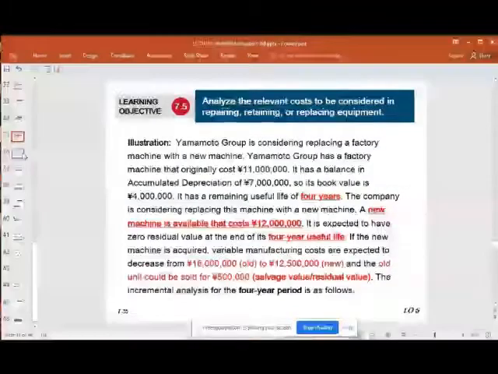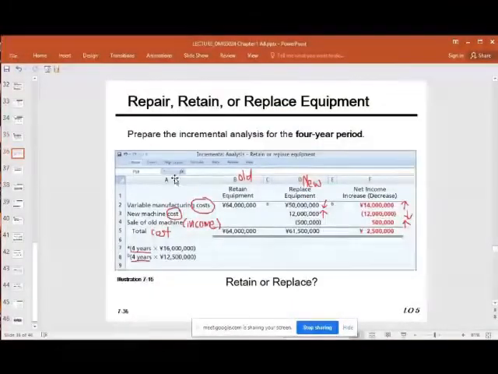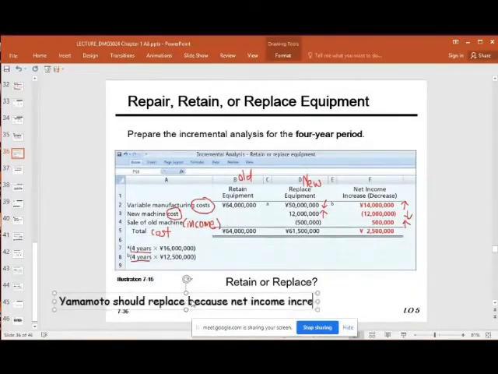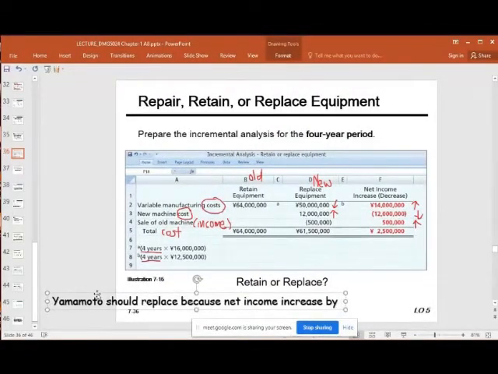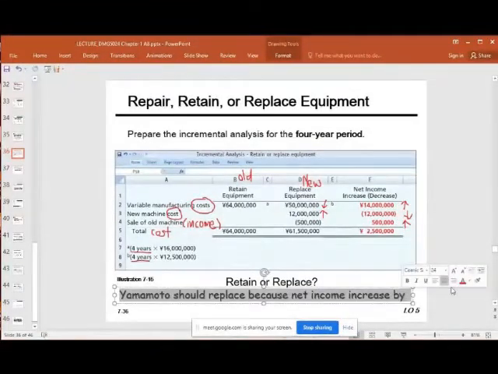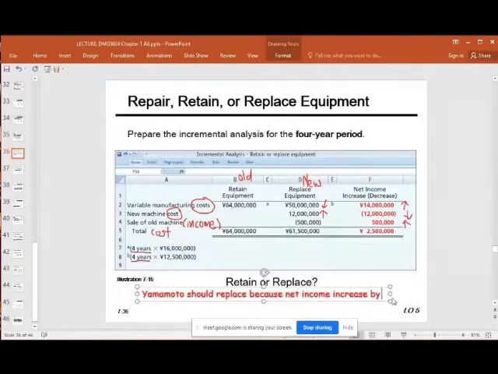What's the company's name? Yamamoto. Yamamoto should replace because net income increase by 2.5 million.